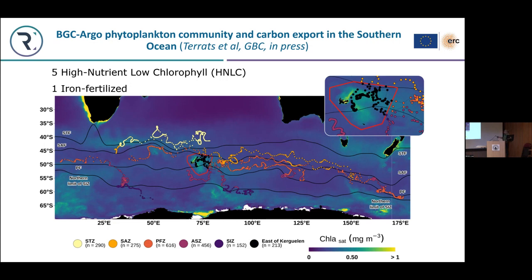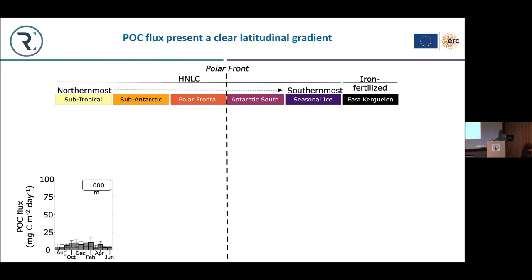And here we selected by hand the eastern Kerguelen plateau, which is in some ways an anomaly in this HNLC environment. So the presentation here is from the subtropics to the seasonal ice zone, with the iron fertilized area. And you can see the flux derived.